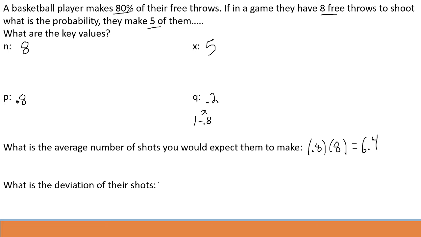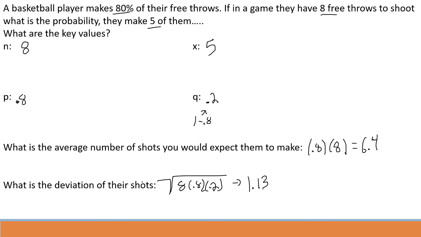What's the deviation? It's going to be the square root of 8 times P times Q. Okay? So you take the square root of 8 times 0.8 times 0.2, and we get 1.13. Right? So that's the standard deviation.